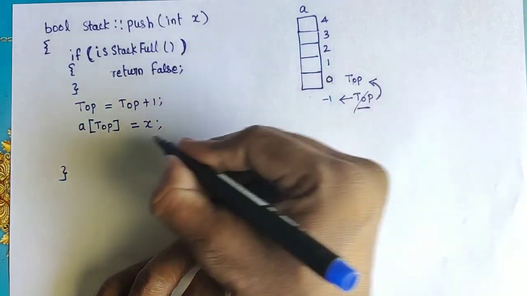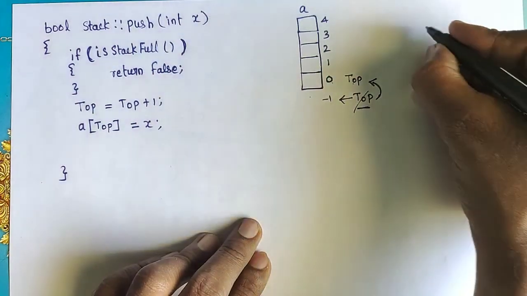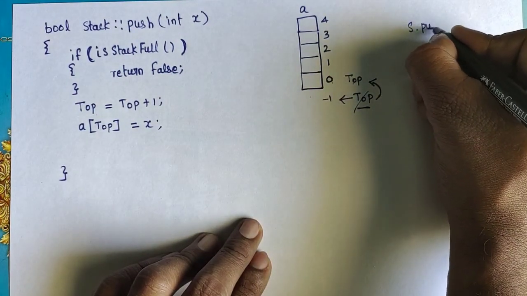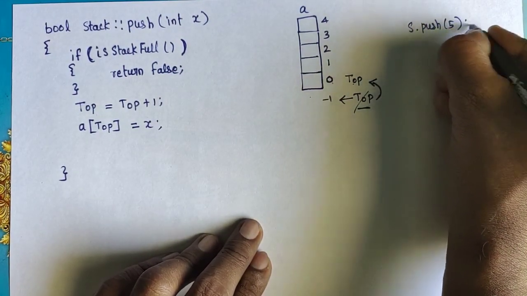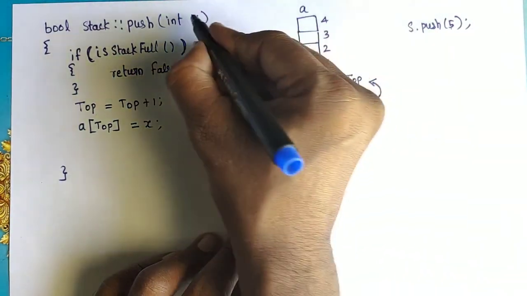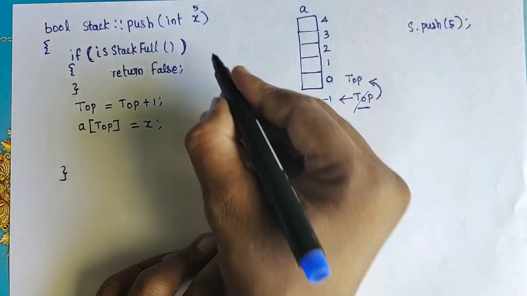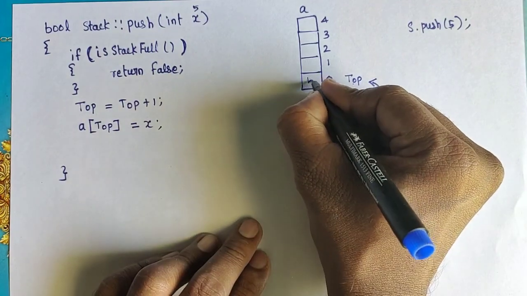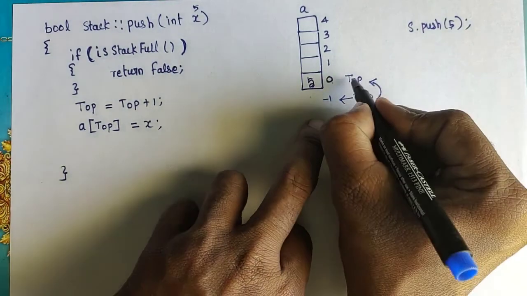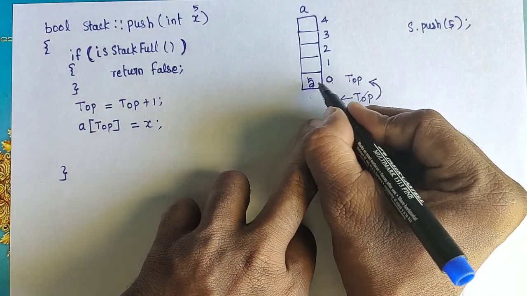For example, if you are calling s dot push of 5, the 5 will be received here, and the 5 will be stored in this location. By that time the top is pointing to 0, the recently inserted element.